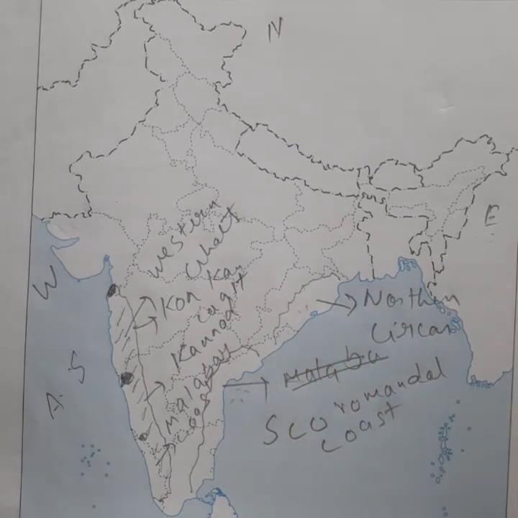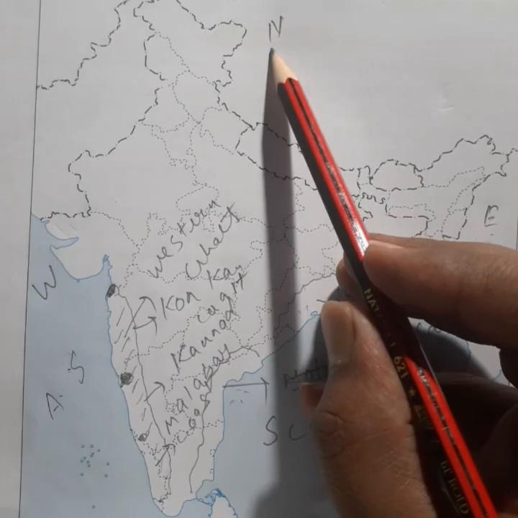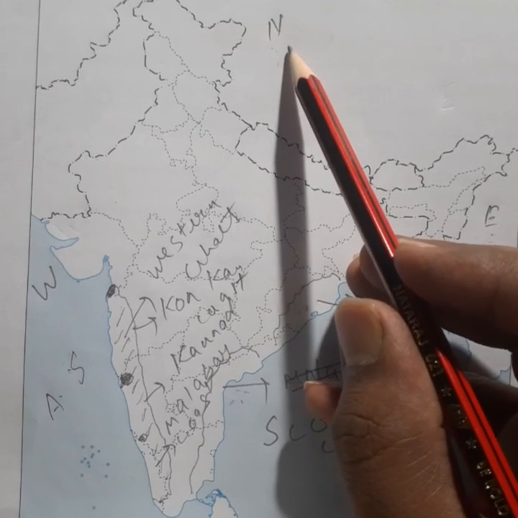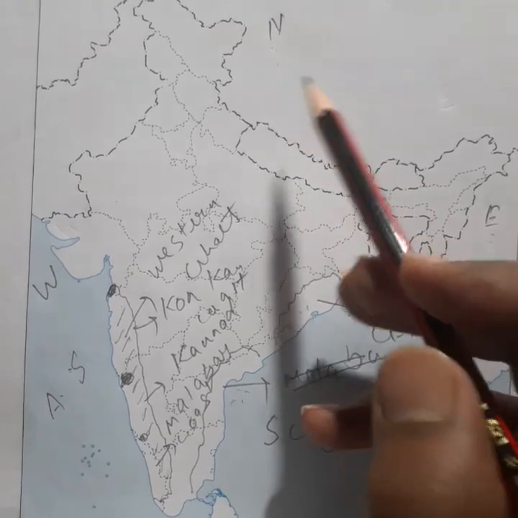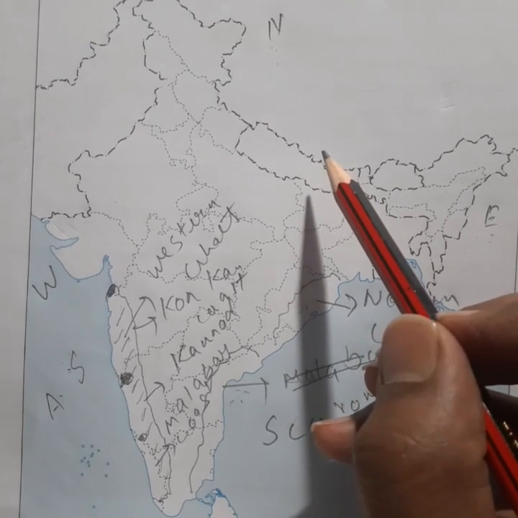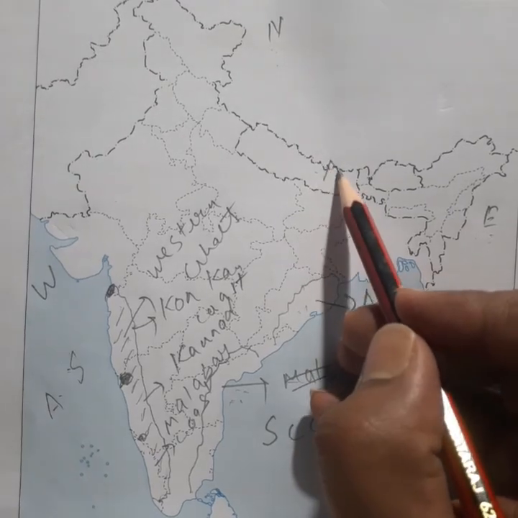Next, if we are asked to map another location, like if we are given to mark the northern Himalayan mountain ranges, right? So we know that the northern Himalayan mountain ranges will be somewhere in the northern direction. And if we have a bit of knowledge about the mountain peaks in the Himalayas, or the mountain peaks located over India, we'll know that Mount Everest is a mountain peak located in the Himalayan mountain ranges, and it is located in the country of Nepal, somewhere around here.